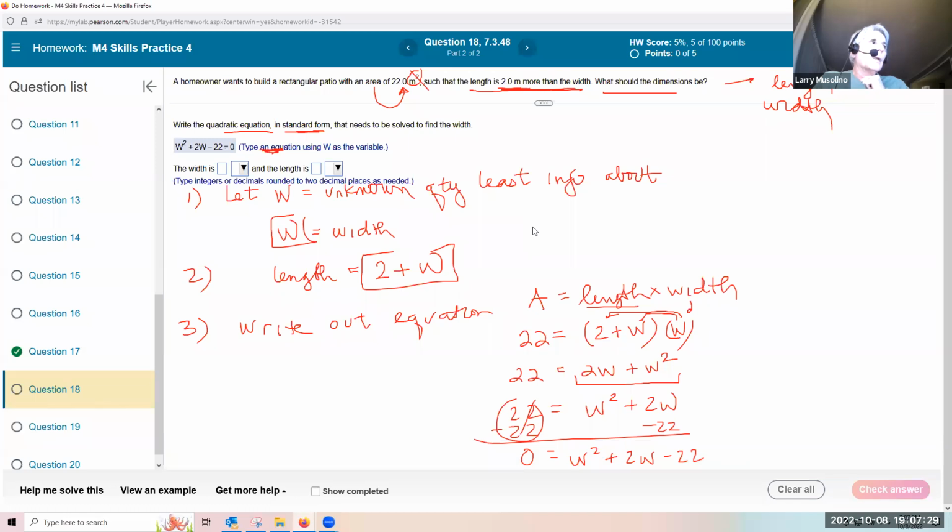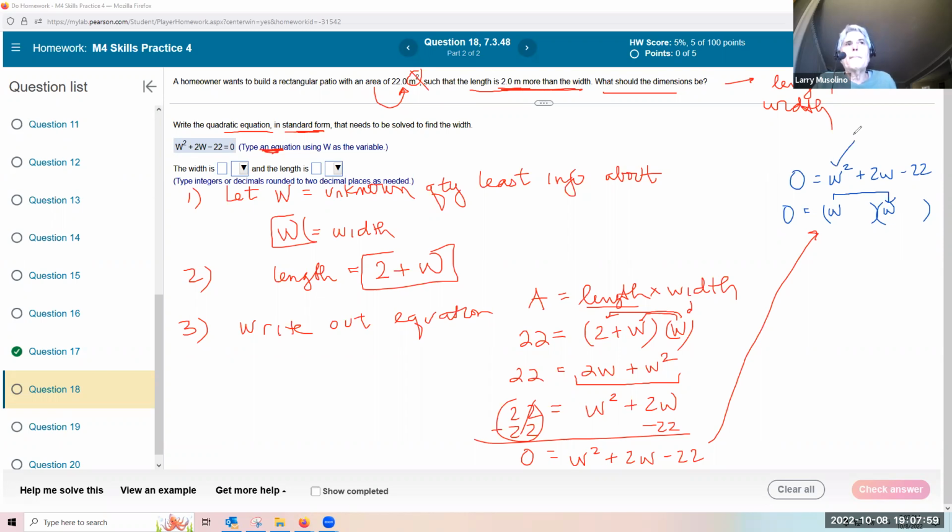All right, well, we have that part done, but now they want us to actually figure out the width and the length. So that means I got to solve this quadratic equation. All right, let's do it. Well, I think I'm going to try the factoring method here. So let's try to factor it. I'm going to put a w and a w in front here because I know this w times that w will get me back to w squared.